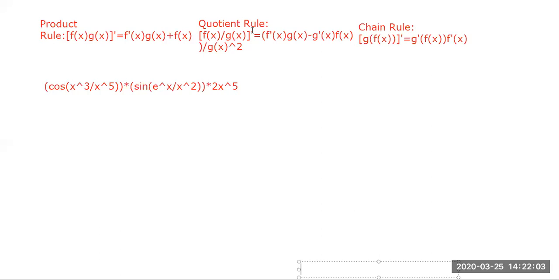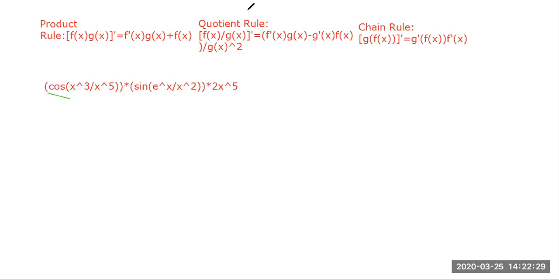All right, so I'm going to try to do this in 3 steps. To do this, we have 3 different functions right here. To use any of these rules, we have to break it into 2 functions. So I'm going to break it into 2 functions here.